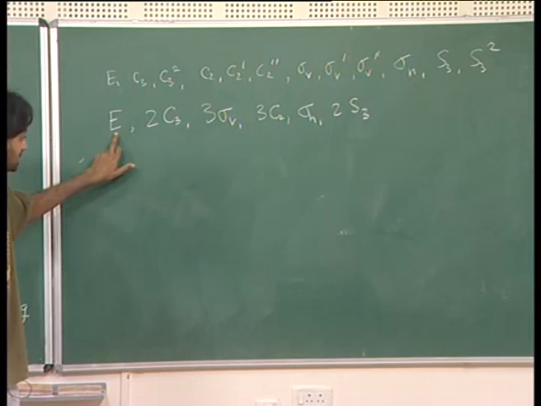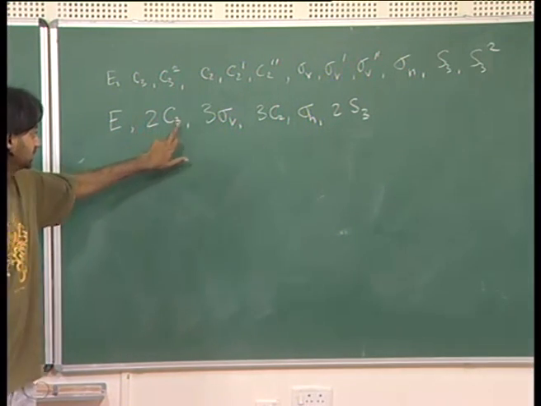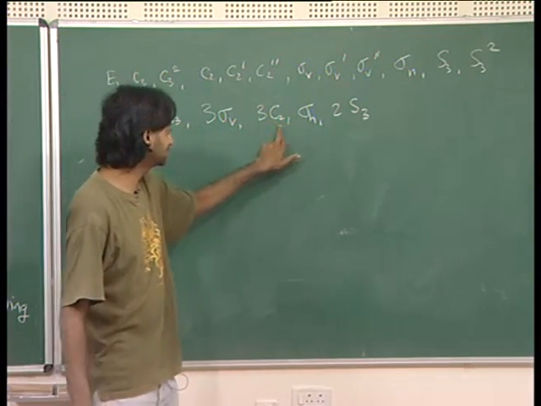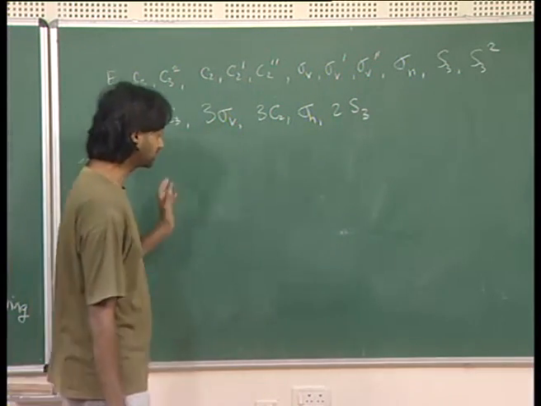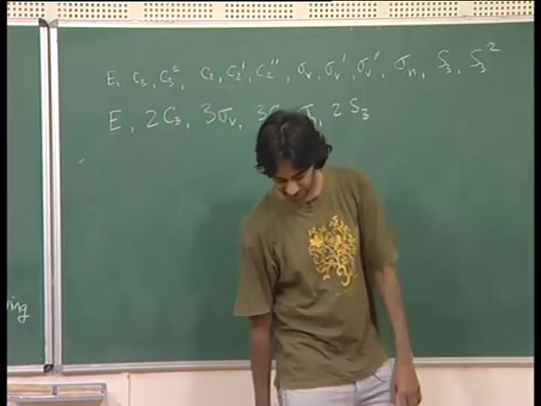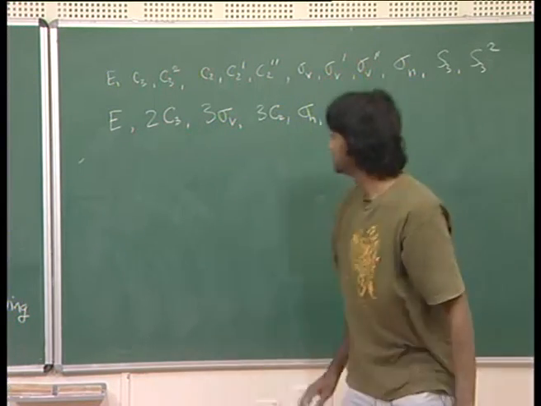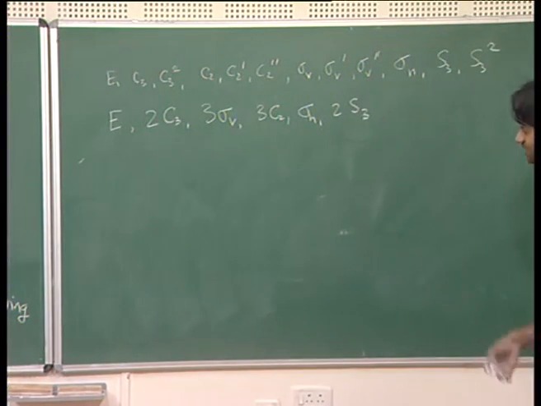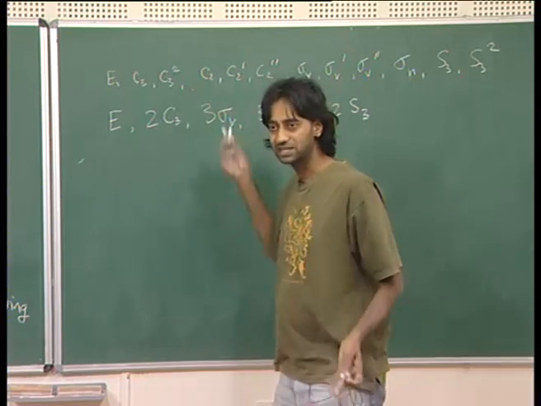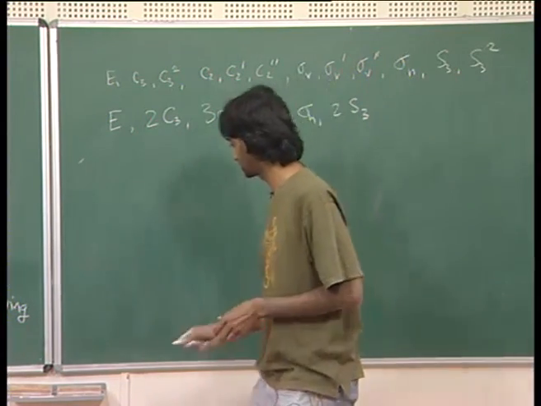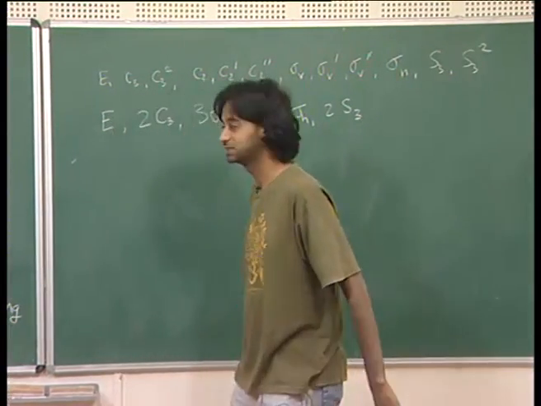So, this is the identity, 2 C3s, 3 sigma V's, 3 C2s, sigma H and 2 S3. Instead of writing all the 12 elements, we will just write it in this form, in classes, because we understand that the various operations that belong to the same class are essentially equivalent operations.